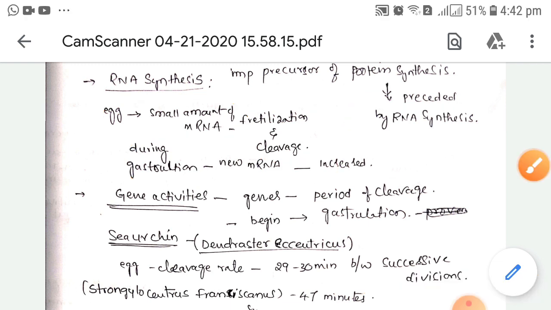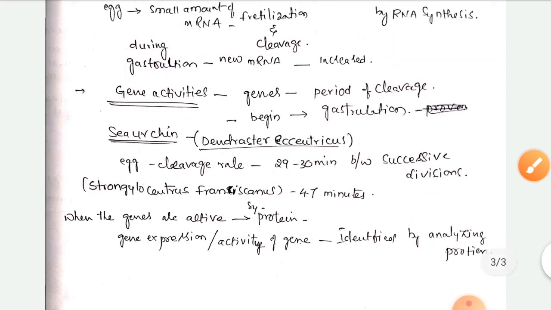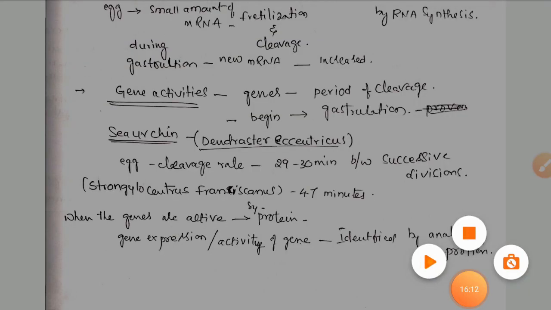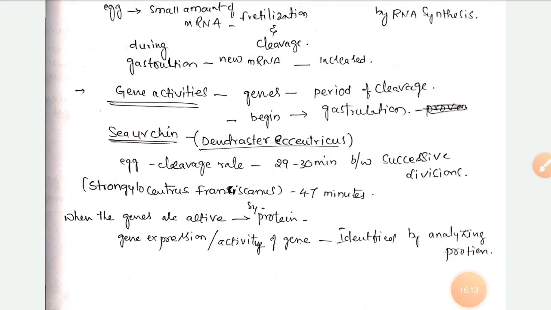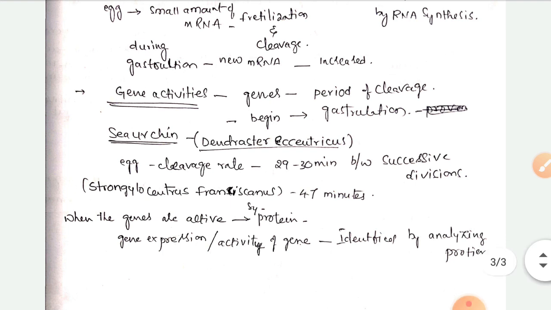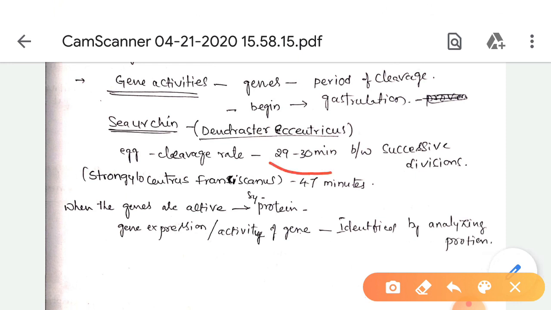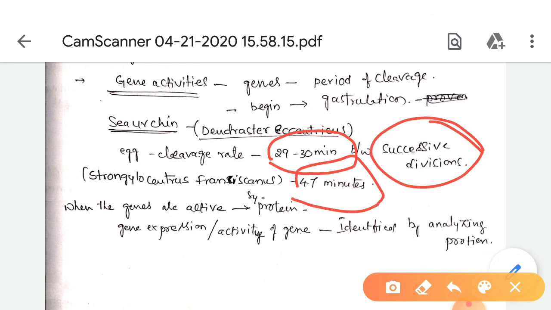We can observe this in Dendraster excentricus and Strongylocentrotus franciscanus. The egg cleavage rate is 29 to 30 minutes for successive divisions, and the other takes 47 minutes.